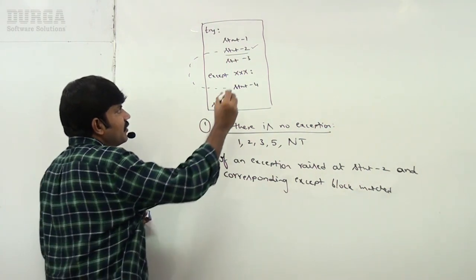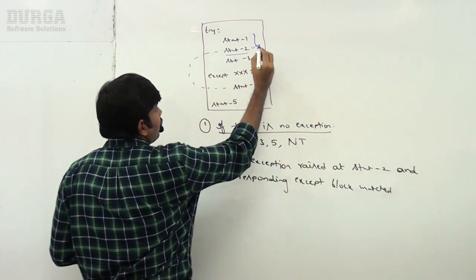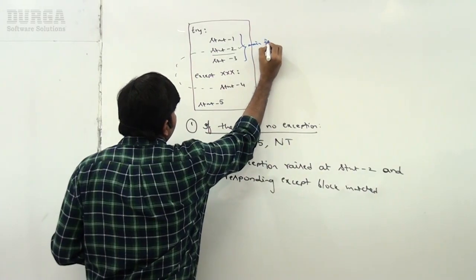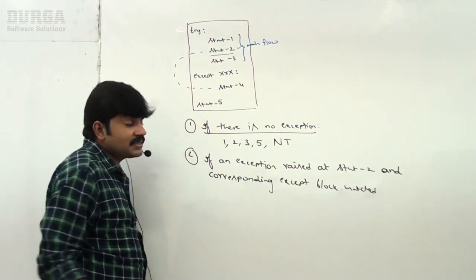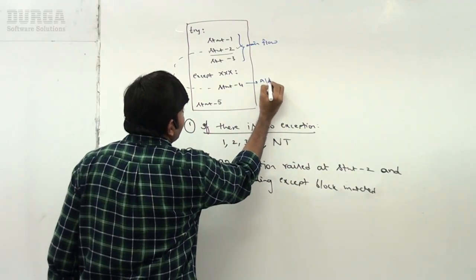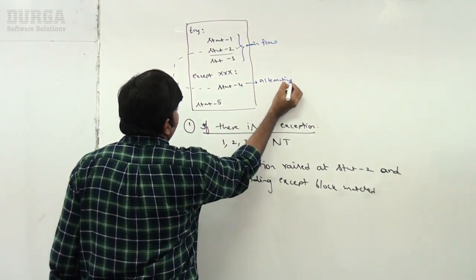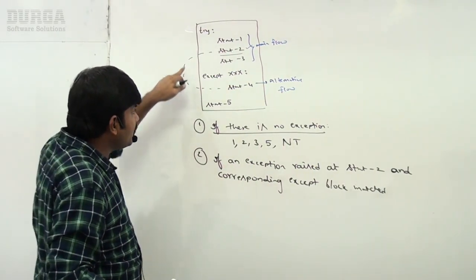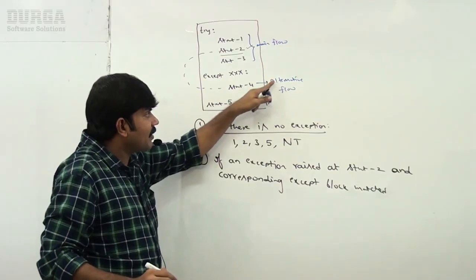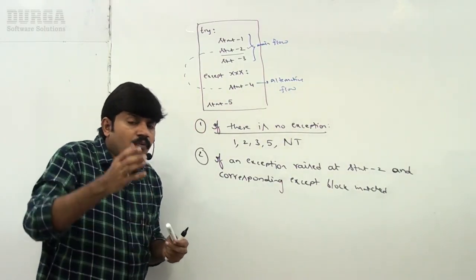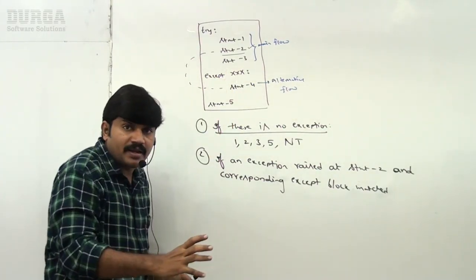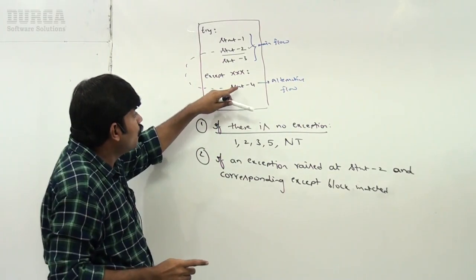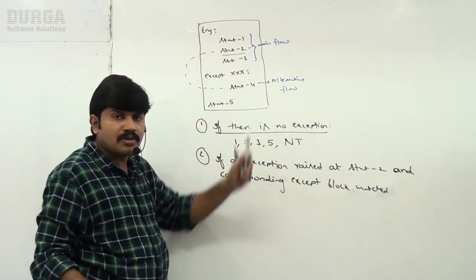Within the try, we have the main flow. Try block means main flow. Inside the except block, we have the alternative flow. In the main flow, if there is a problem, immediately the alternative flow is executed. Once the alternative flow is executed, the control won't go back again to execute the main flow.